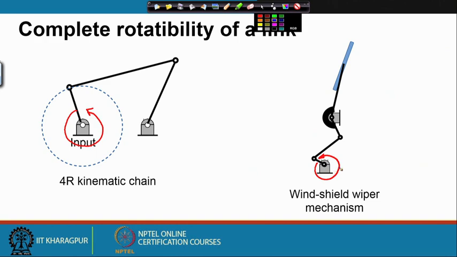So, let me number the links. Ground is 1, this small link is 2, this coupling link is 3, and this link is 4, which is connected with the wiper.